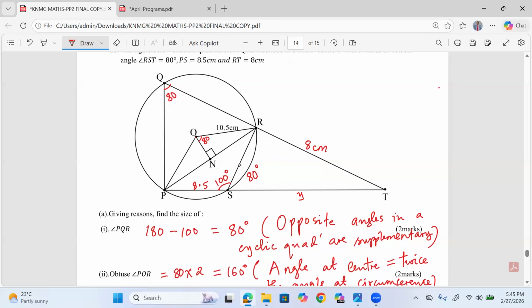So first of all, we find the length PR, which is the same as PQ. Can we find PR? Yeah, let's find PR first.